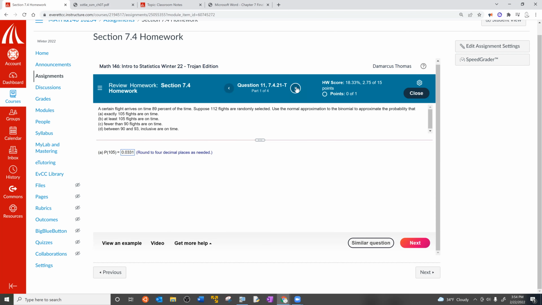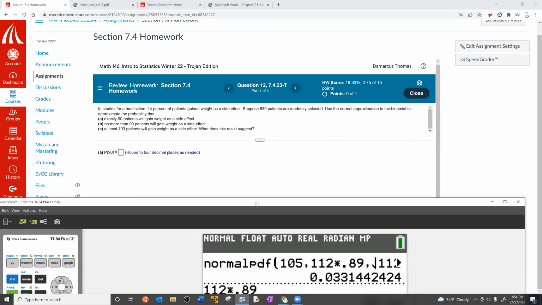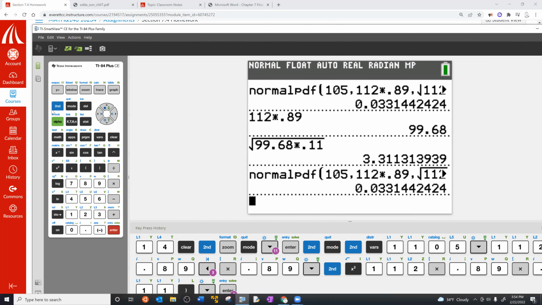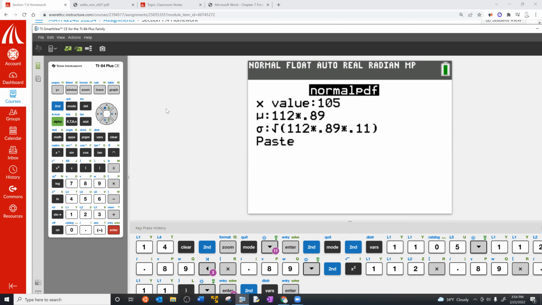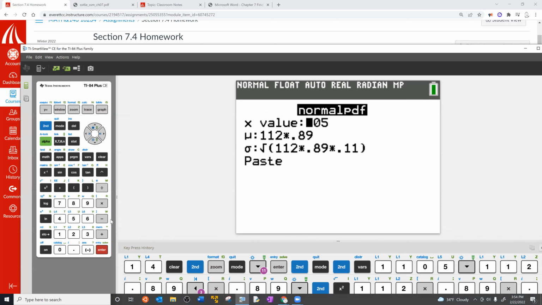All right, so let's see if 12 does the same problem as well. 14% of patients gain weight as a side effect, and we have 639. So we're going to use this calculator again, and we're going to go to second, distribute. This time we're going to do number 1, normal PDF. The X value is exactly 90.